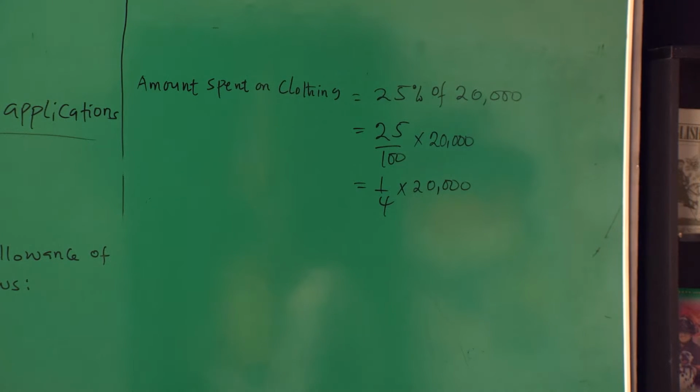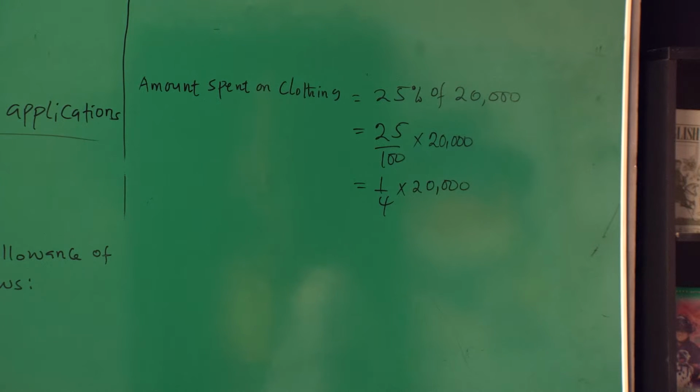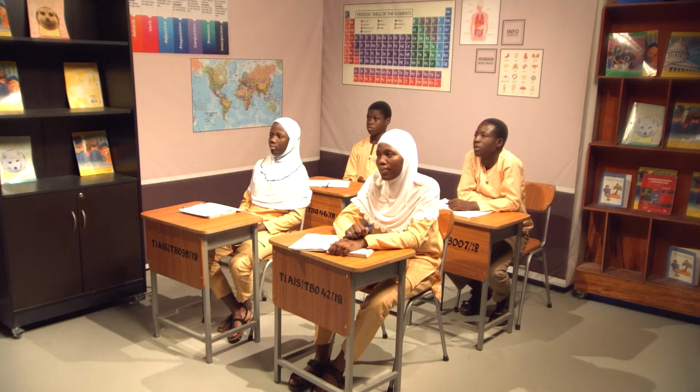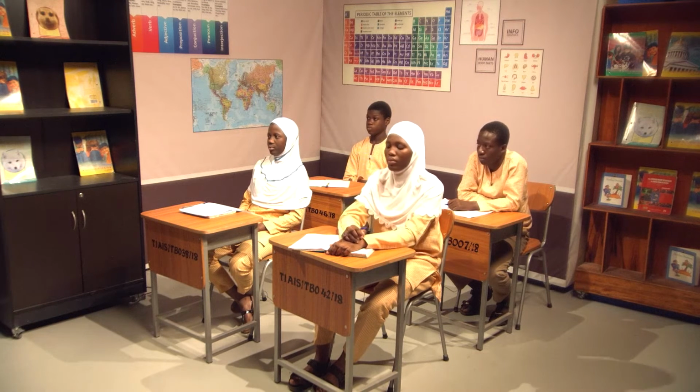Instead of saying 1/4 times 20,000, you can rewrite it in a way. How do you rewrite it? 20,000/4. 20,000 divided by 4. Are you okay? So that's the other way you can write it.